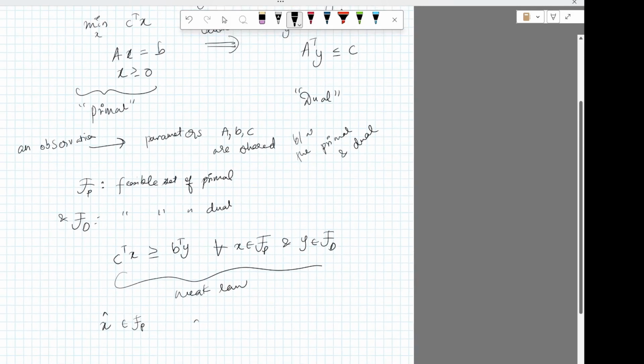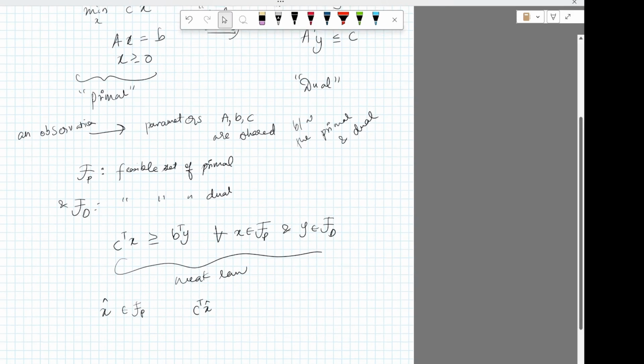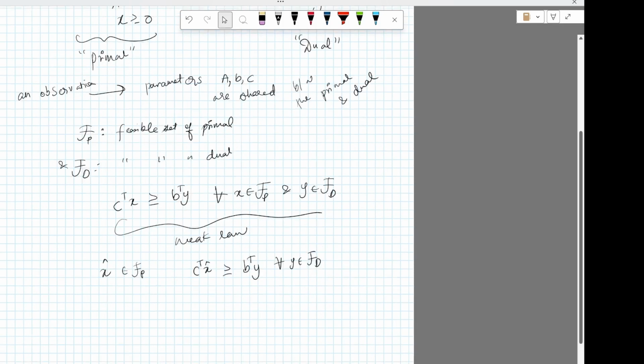And if I compute C transpose x hat, which is the objective value, this should always be greater than or equal to b transpose y for all y in the feasible region of the dual. I have basically written the same thing, just trying to explain it slightly differently. And the other way also you can do.